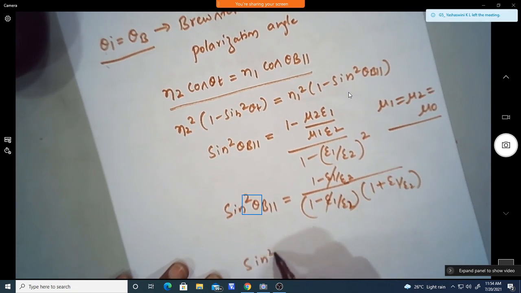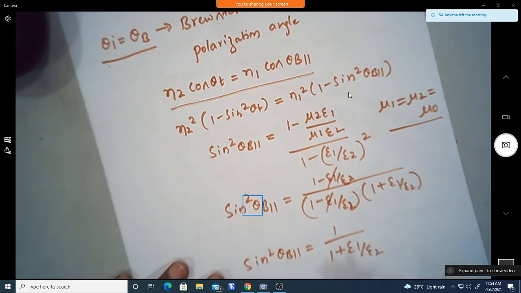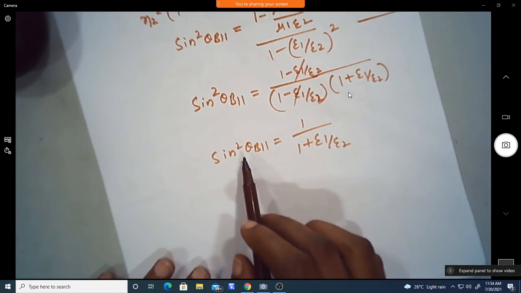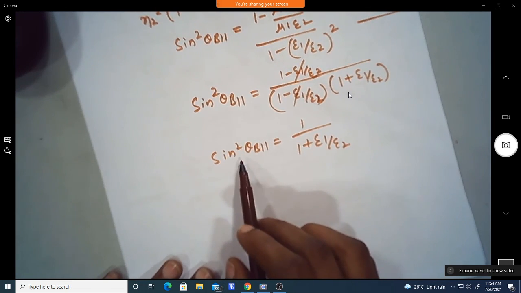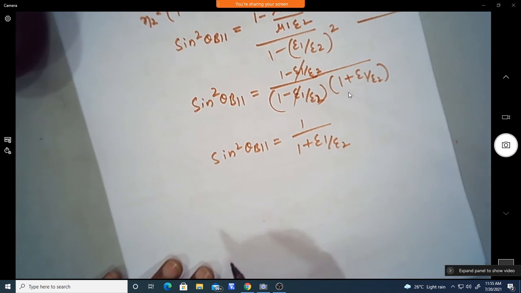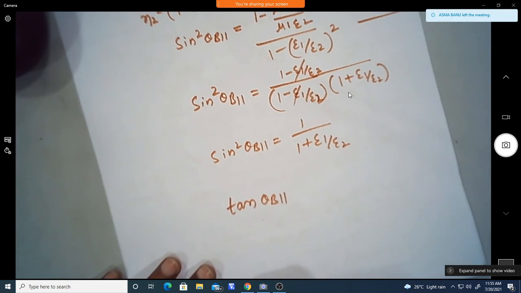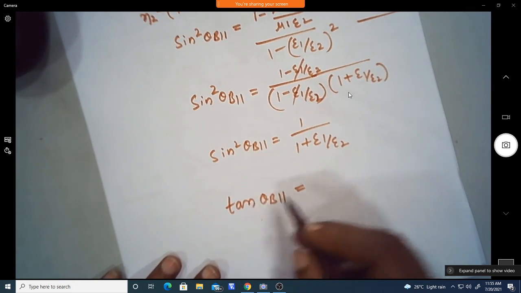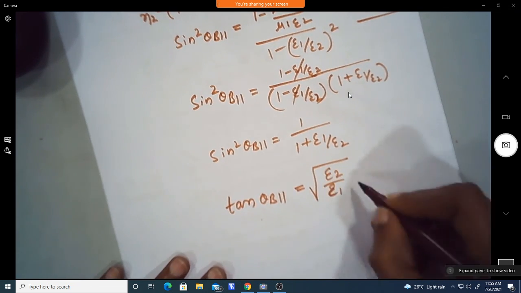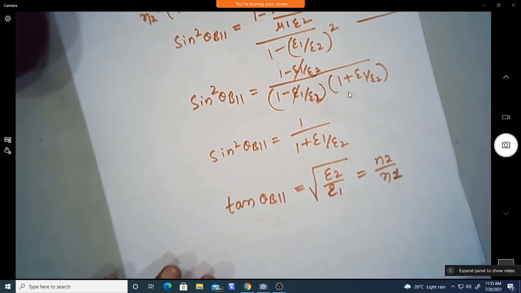We get sin square theta B parallel equals 1 over 1 plus epsilon 1 by epsilon 2. Again we can find the value of cos theta B in terms of this: the square root of 1 minus sin square theta B gives cos theta B. If I take the ratio of sin theta B and cos theta B, we get the expression tan theta B in terms of only epsilon values, epsilon 2 by epsilon 1 under the square root, or in terms of refractive index, n2 by n1.